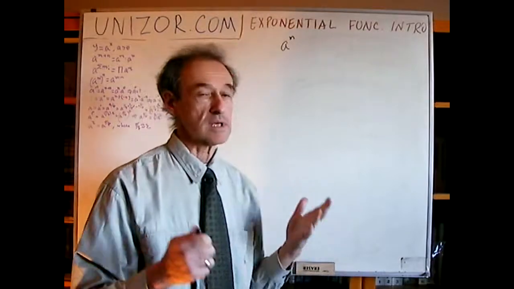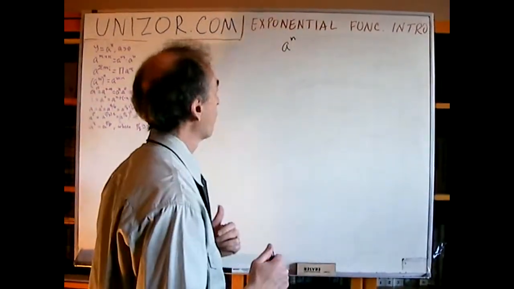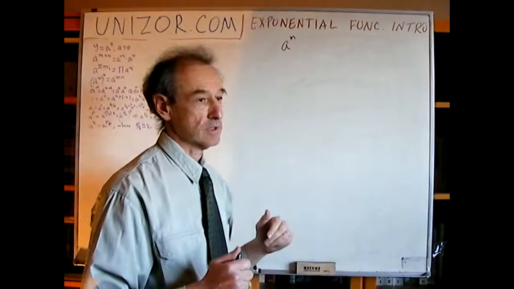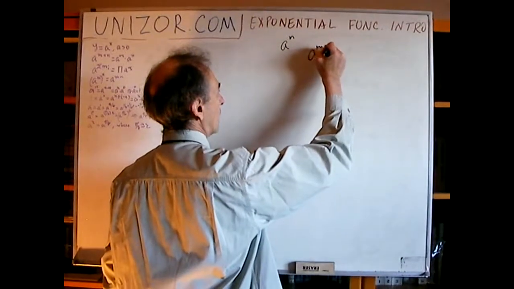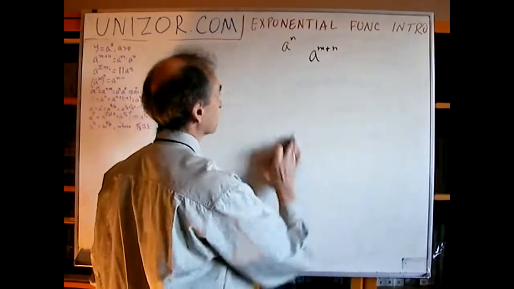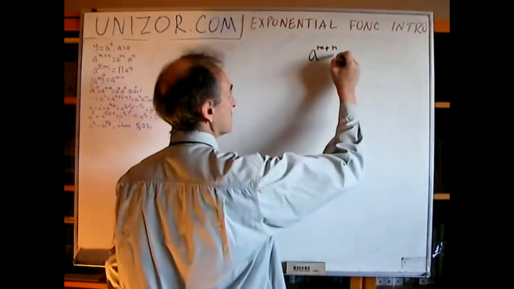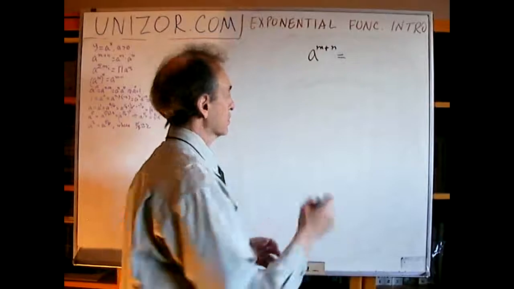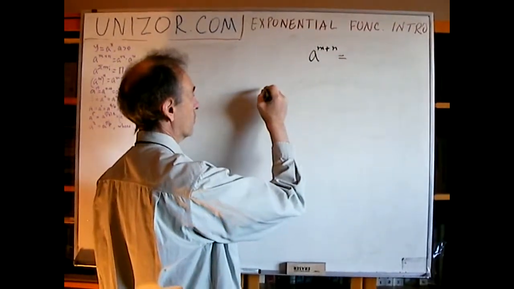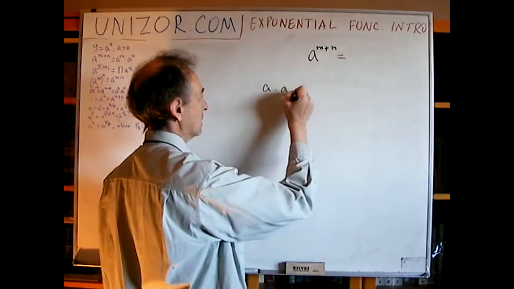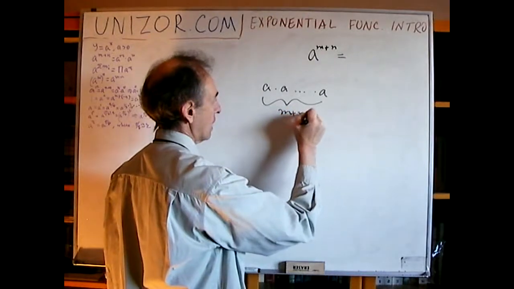So what are these important properties which I would like to preserve for all other types of exponent? Here is the most important one. If I have a sum of two different natural numbers as an exponent, this is a to the m plus n power, which means it's a times a, etc., times a, m plus n times, right?